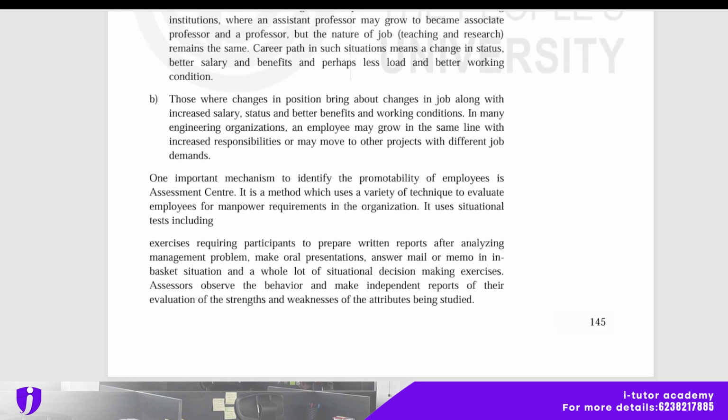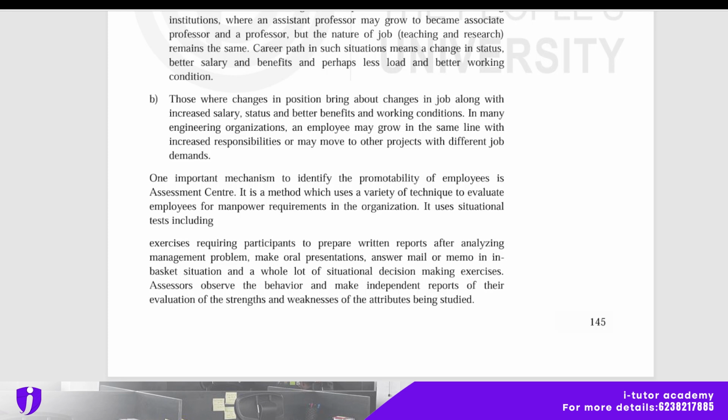One important mechanism to identify the promotability of employees is the assessment center. It is a method which uses a variety of techniques to evaluate employees for manpower requirement in the organization.